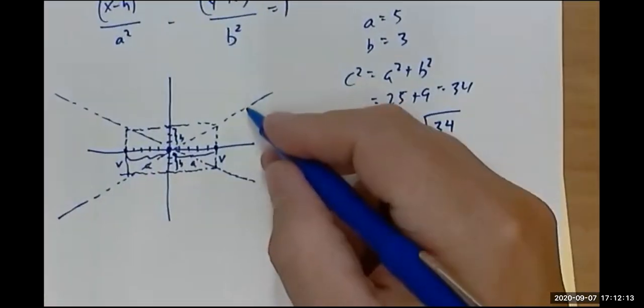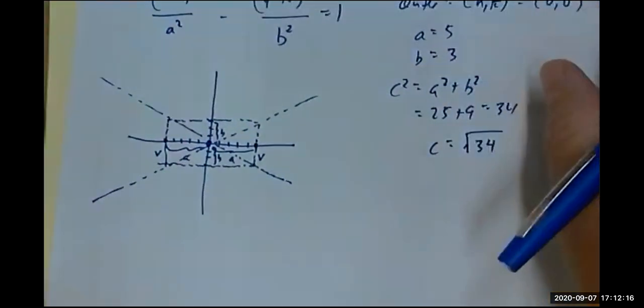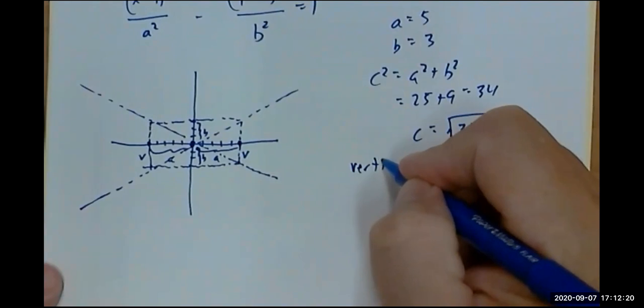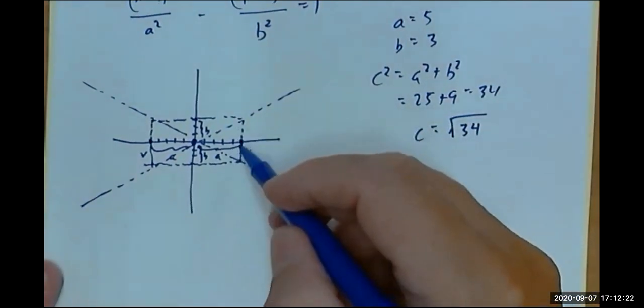And these lines are called asymptotes. So, vertices.